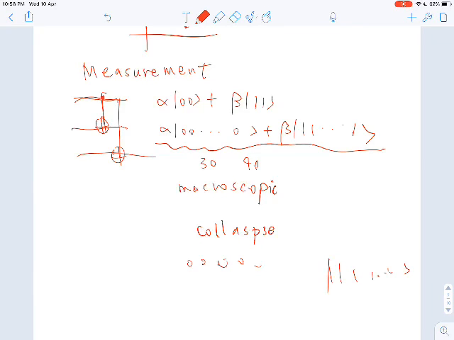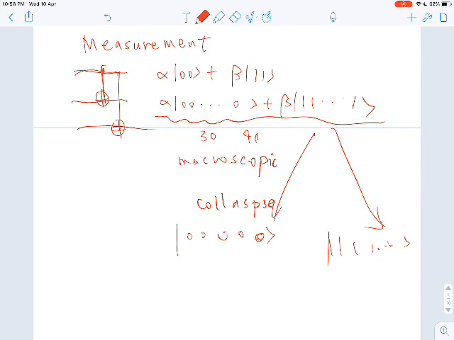But as we have talked about, the collapse has some probability to be collapsed into these two states, and the probability is just alpha square and beta square. This we know, and this is just the principle of the measurement.